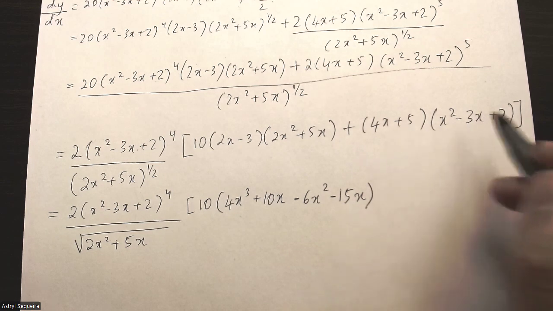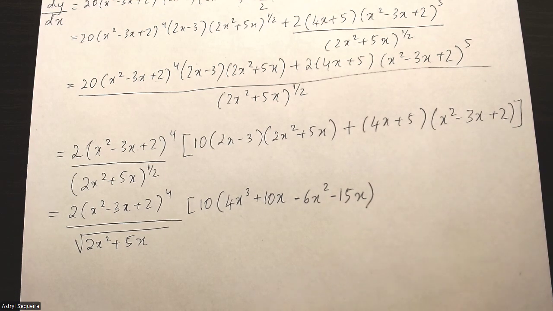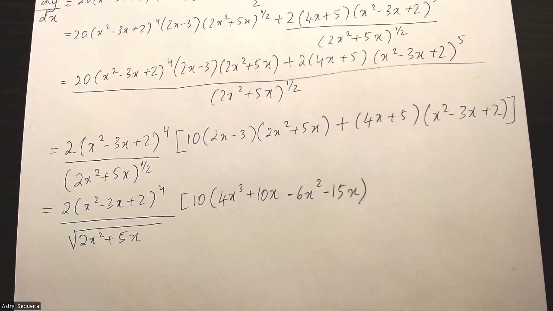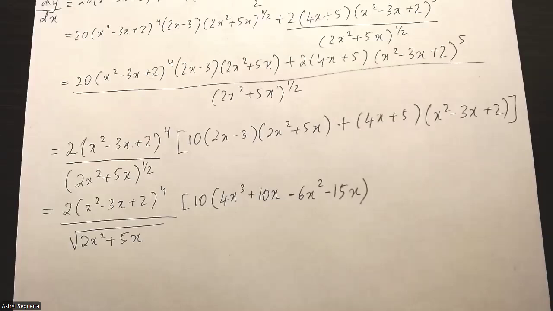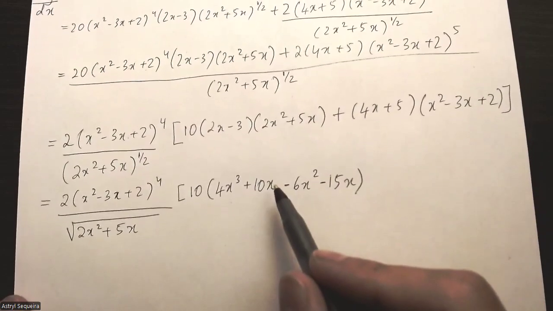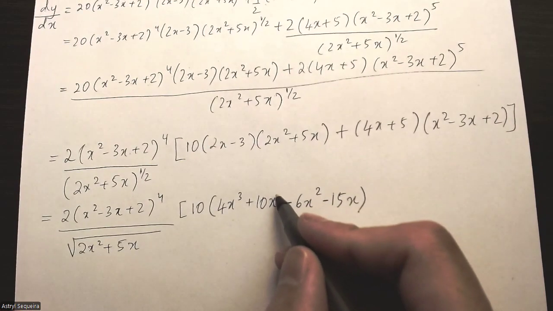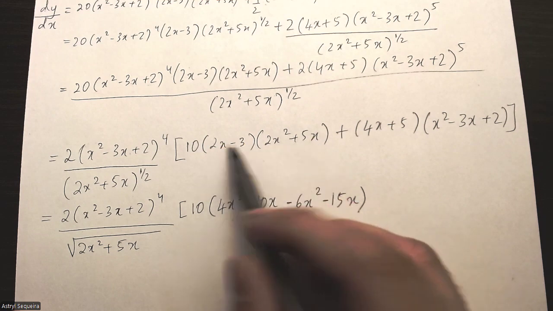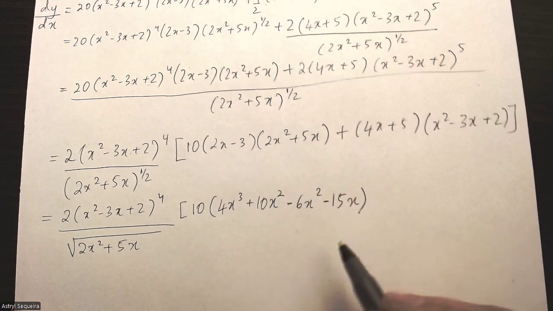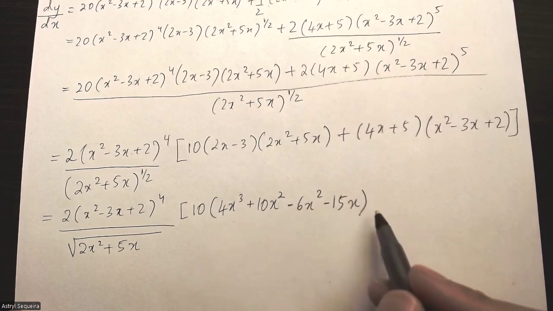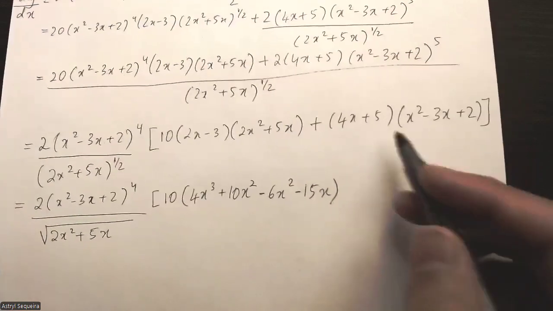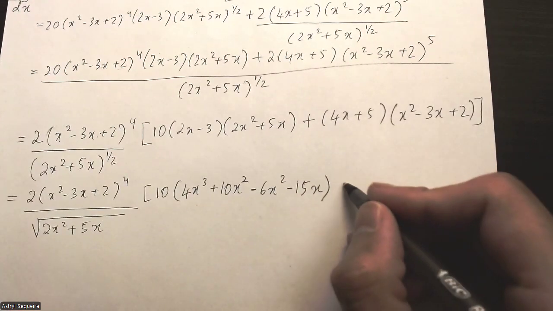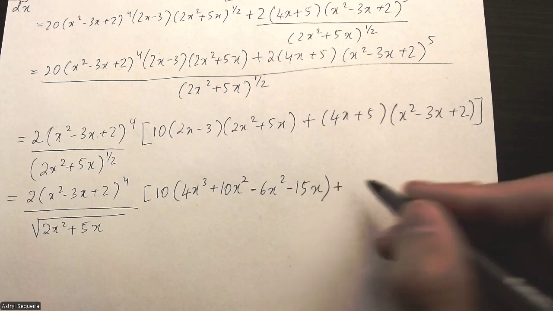And then if I FOIL out those two brackets, I just realized I made a tiny mistake. 5x times 2x is 10x squared. Yeah, that looks better. And then FOIL out these two brackets here.